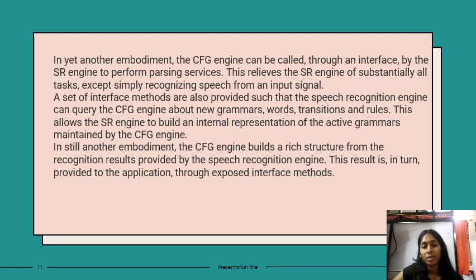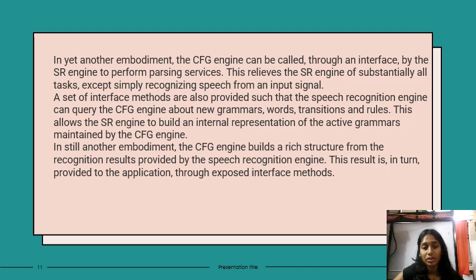In yet another embodiment, the CFG engine can be called through an interface by the SR engine to perform parsing services. This relieves the SR engine of substantially all tasks except simply recognizing speech from an input signal. A set of interface methods is also provided, such that the speech recognition engine can query the CFG engine about new grammars, words, transitions, and rules.